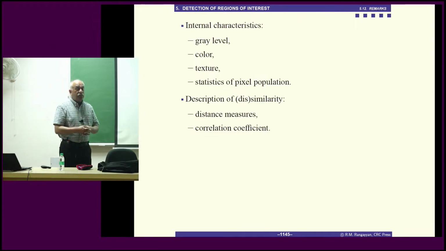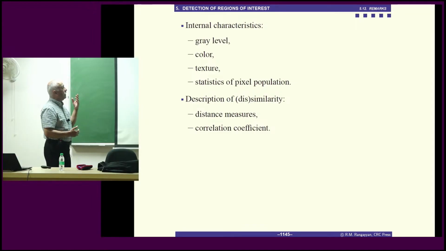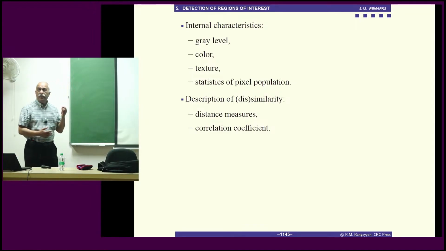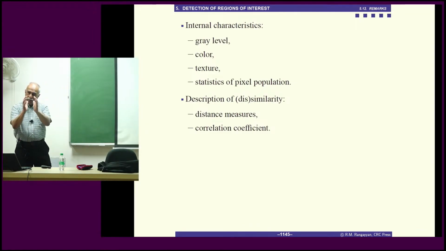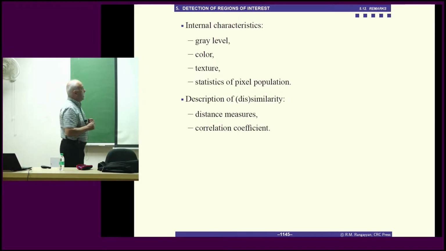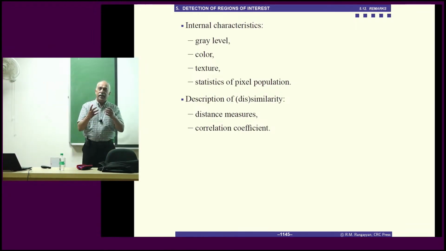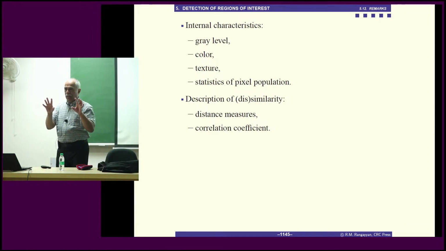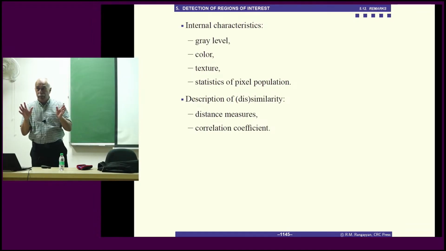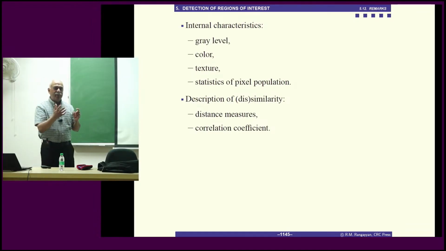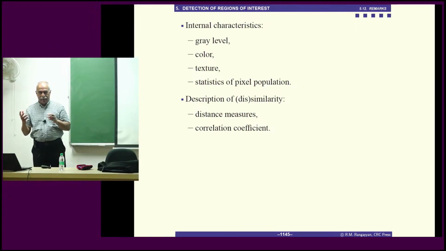Internal characteristics of the region: gray level, color, texture, statistics of the pixel population inside the region. And then after you extract the features, you want to compare the regions in terms of similarity or dissimilarity. Are these regions similar or not? You can do direct pixel by pixel cross correlation, template matching, and so on, but we don't want to work with pixels anymore.